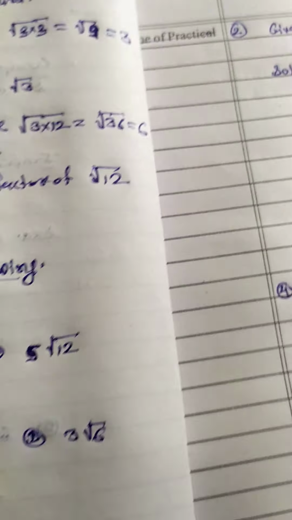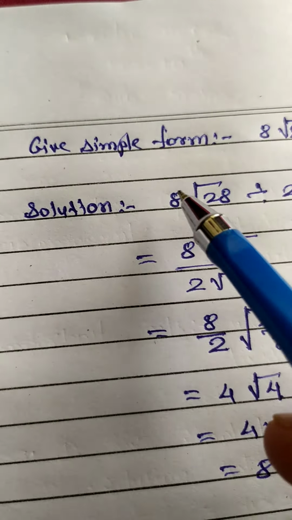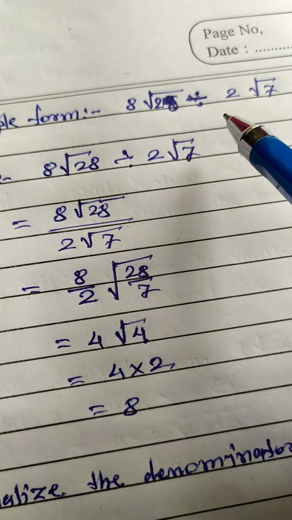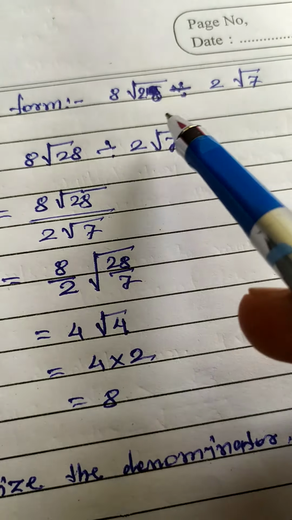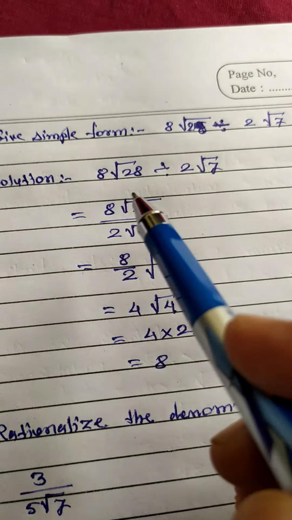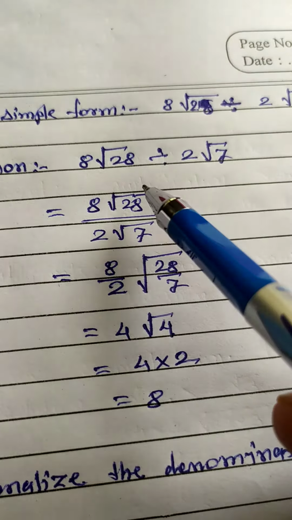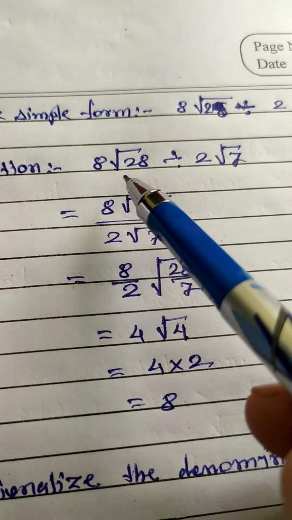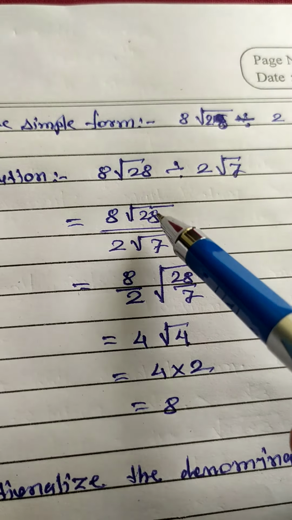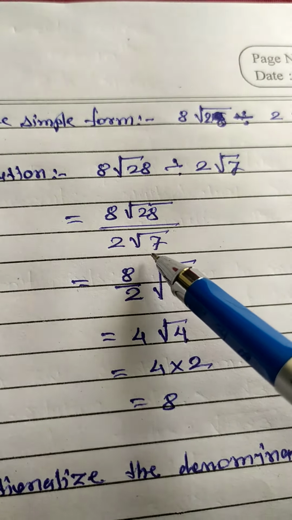Now the next example is: give the simple form of 8 root 28 divided by 2 root 7. This example is on division. So I write this example as it is. Now again I write this 8 by 2, and root 28 by root 7.